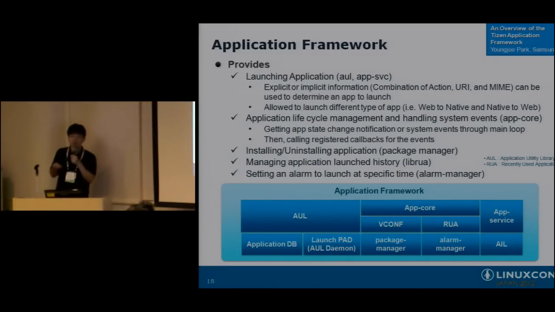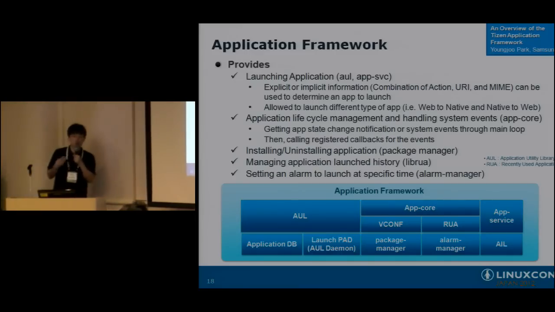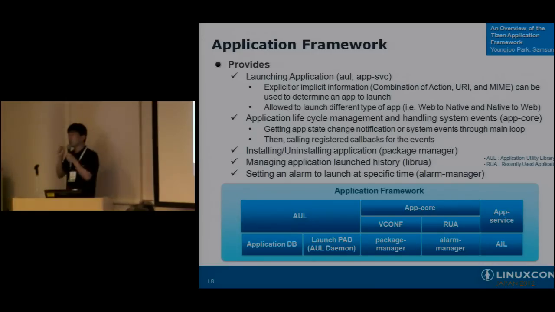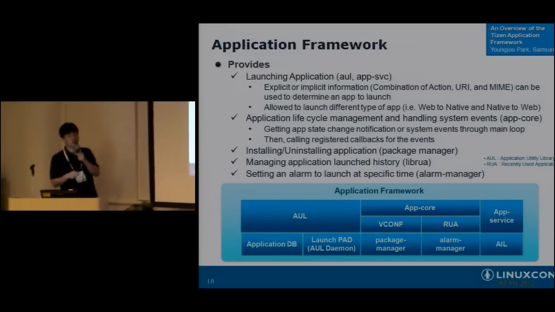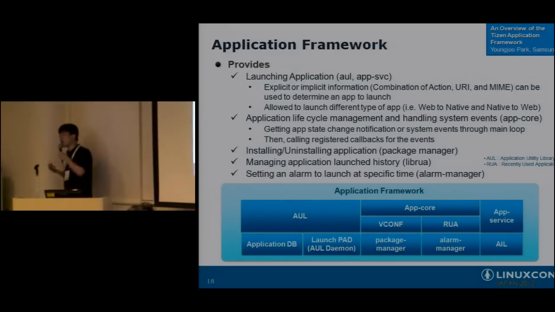If the application is installed, then the menu screen will show your application's icon, and the user can run your application with that icon. It also provides recently used application history, and there is an alarm manager to take care of setting an alarm to launch at a specific time. And there was a talk about the Tizen application framework in more detail, so you can download and listen to that talk online.